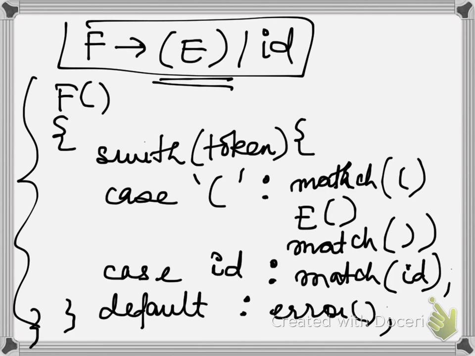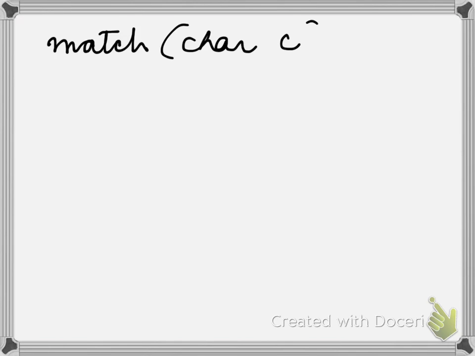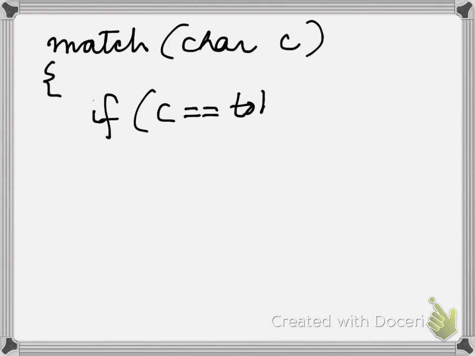And what is this match going to do? Match takes a character, say C. If C is equal to the token, then it is a match, so I'll get the next token.